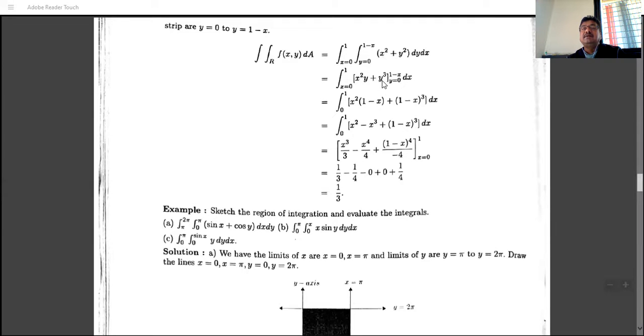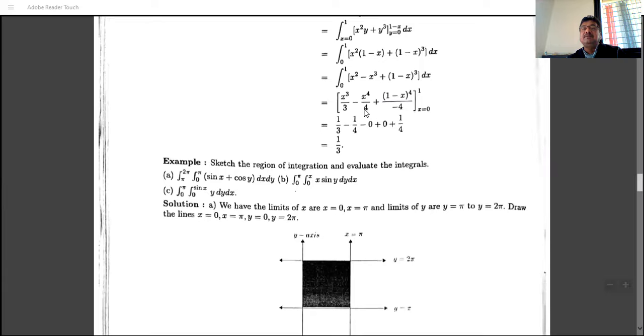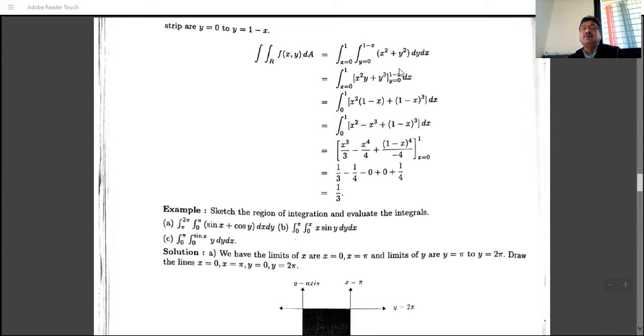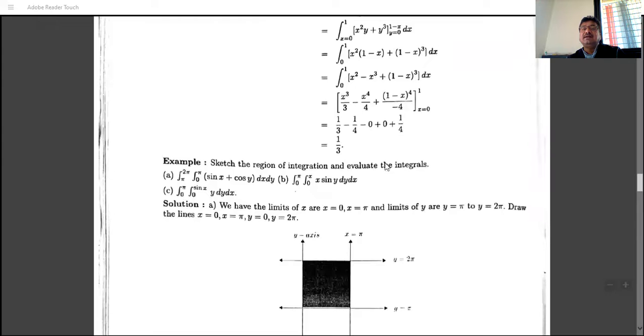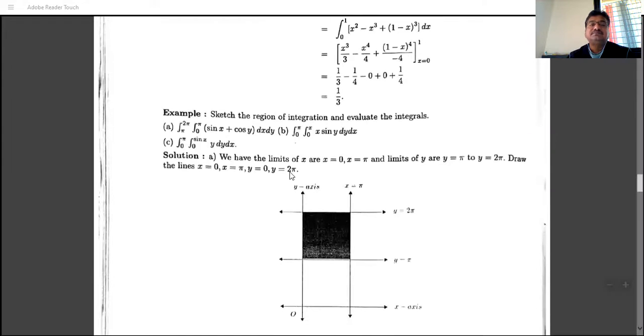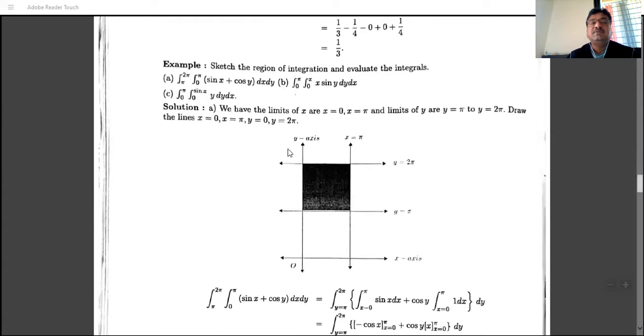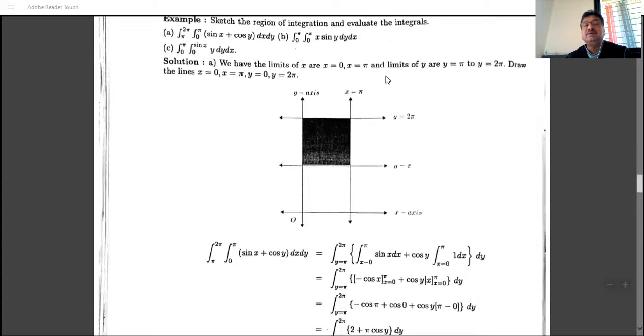I think the divide by 3 is missing here, so the earlier answer is wrong, because the integration of y square is y cube by 3. Then calculate the next. Okay.